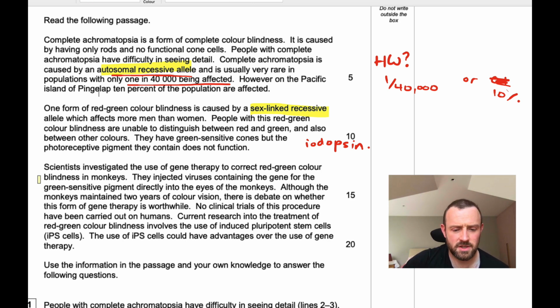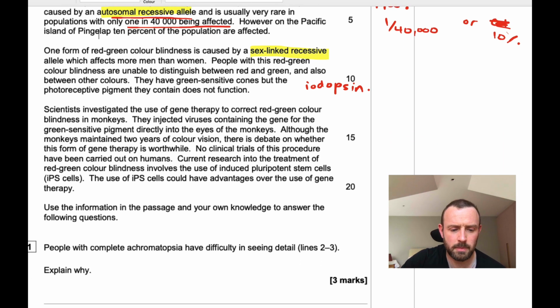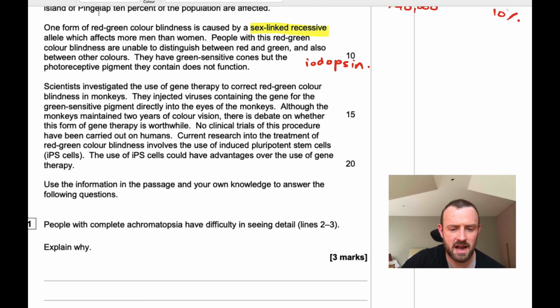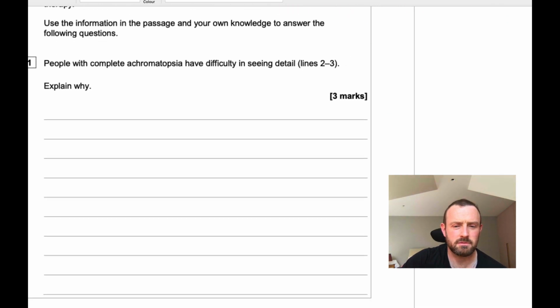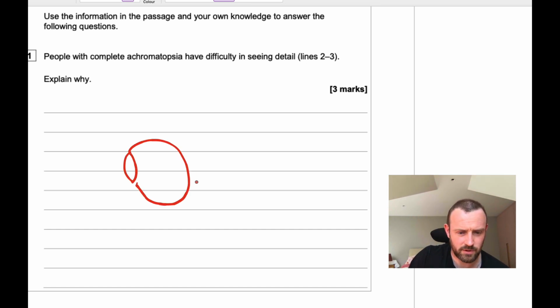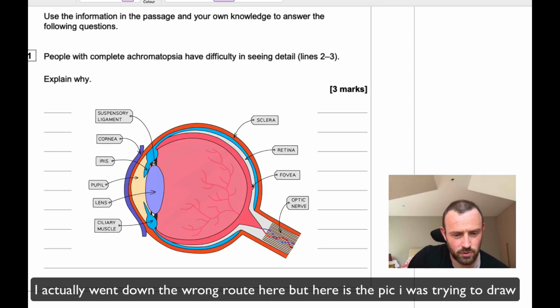Use the information in the passage and your own knowledge to answer the following questions. People with complete achromatopsia have difficulty in seeing detail. Okay, well, we need to think about the structure of the eye for this one. So, there's the eye. This is the lens. This is a terrible drawing of the eye. This here is called the fovea, and it has a higher density of cones.